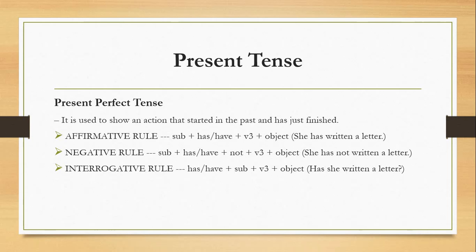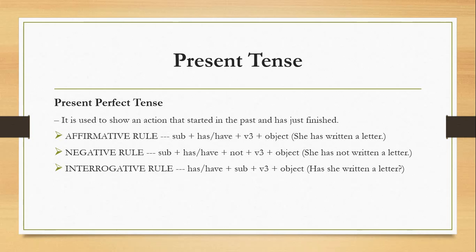When it is perfect tense, we always use the have verb. So for present perfect, we use either has or have in relation to the person, plus V3. Do remember this is the past participle form of the verb, plus object.